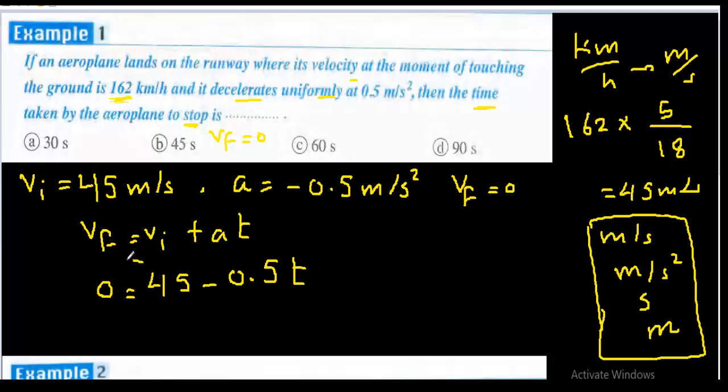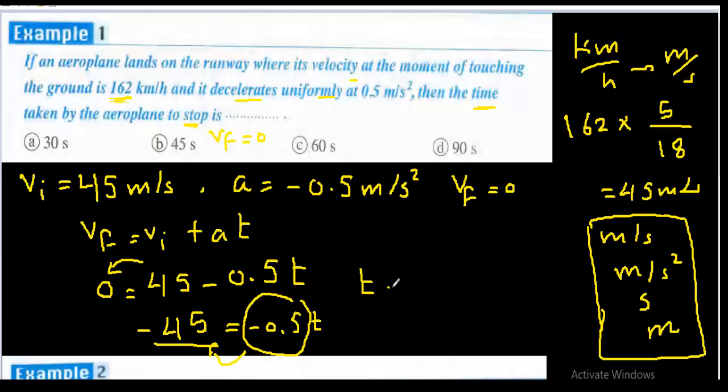45 will go to the other side with a negative sign. It will be negative 45 equals negative half t. t equals, we will move the negative half to the other side by dividing.